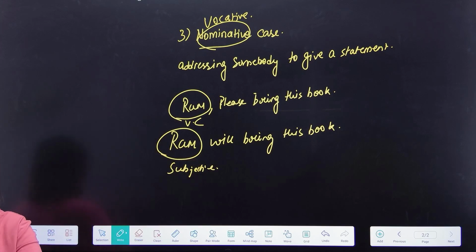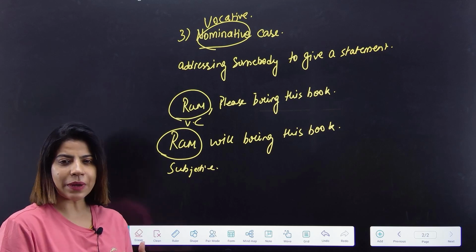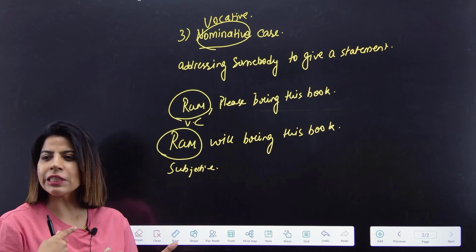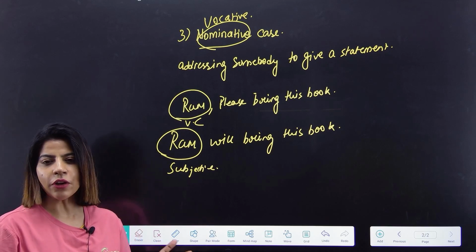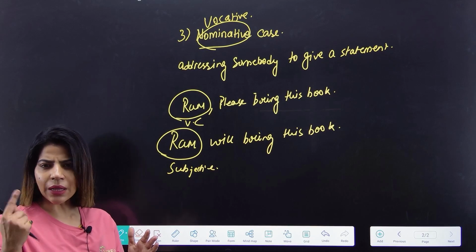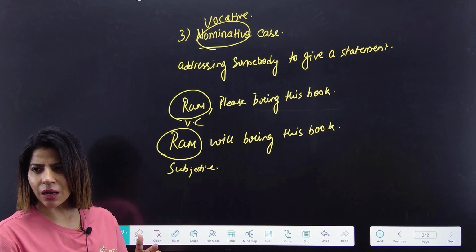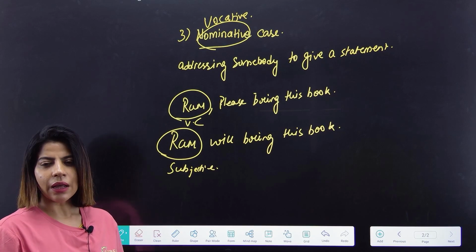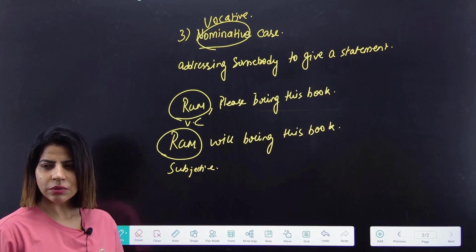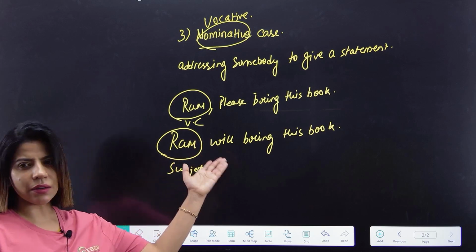There is always a difference in addressing. In addressing, you address first and then you give a statement. But in a statement, you just give a statement. Just declare something. So here you declared, Ram, bring a book. So in Ram bring a book, Ram was what? Vocative. Ram will bring a book. Subjective. Is that clear?